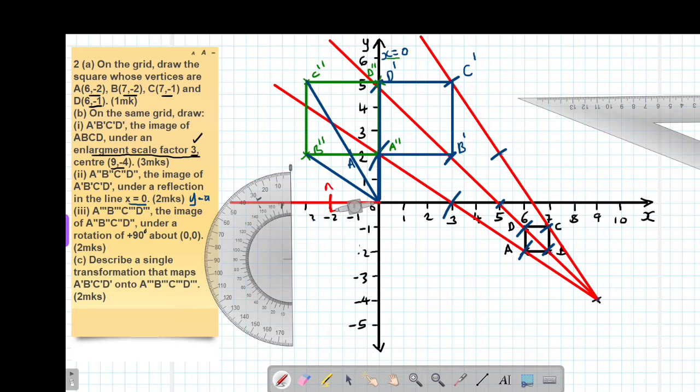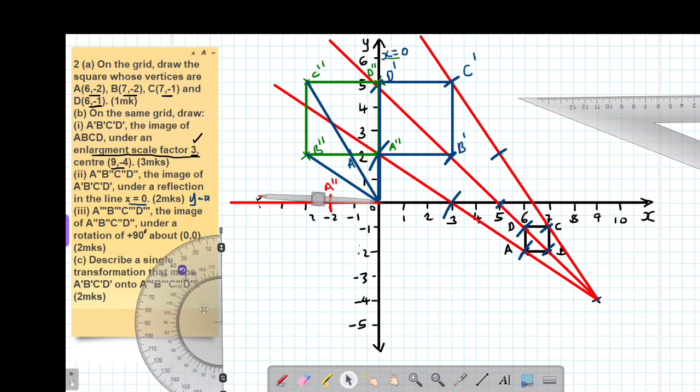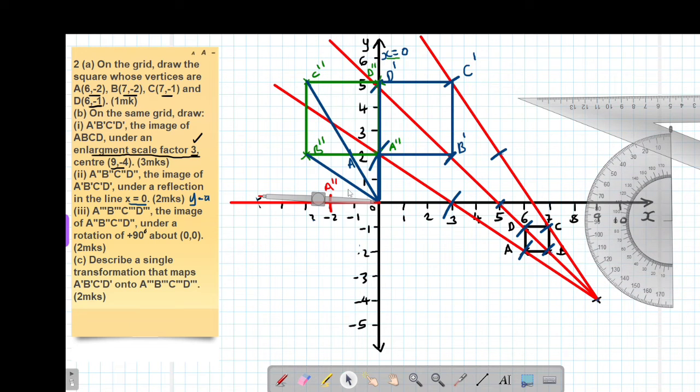But because A prime prime is on the same line with the point D, I can also perform the same rotation using the same line. So I'm going to align my pair of compass through point D. That is where we have D. Then I rotate through the same line. Then I need to locate the point D. So our D prime prime will be at this point.